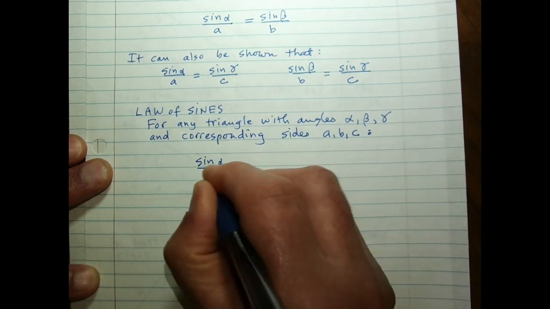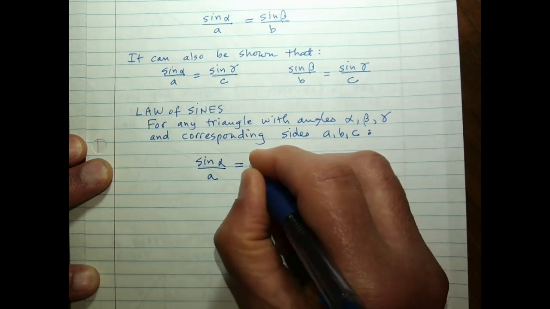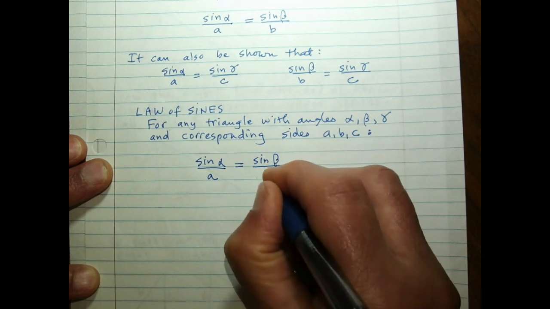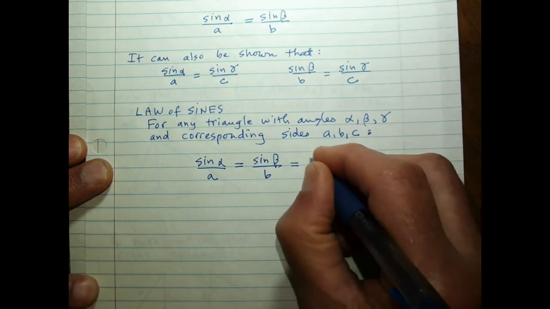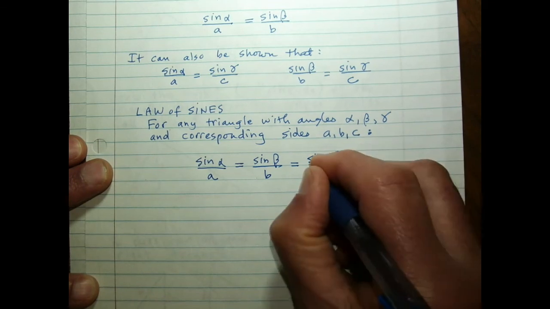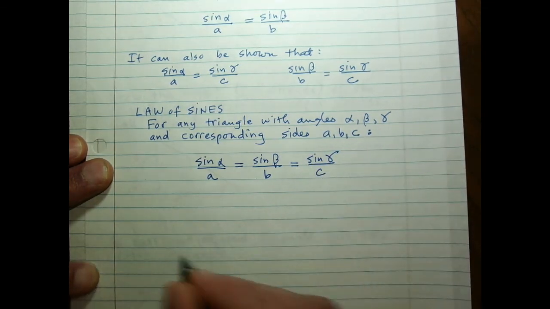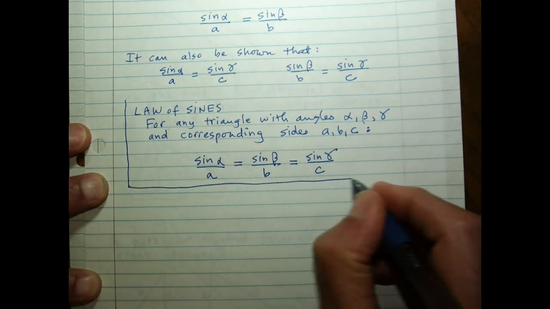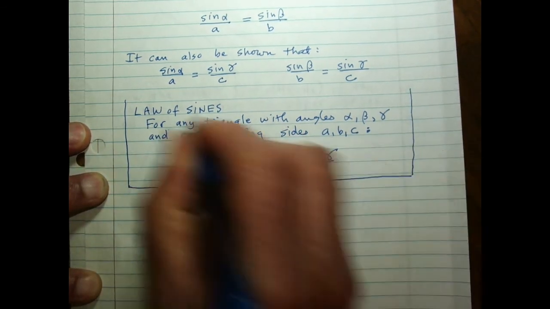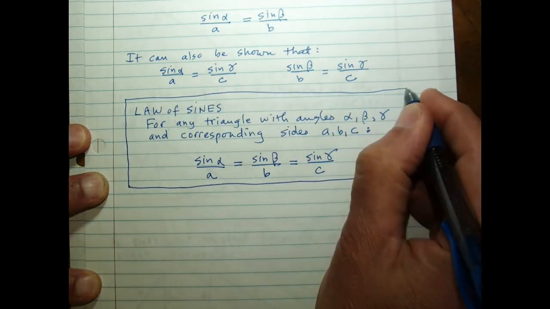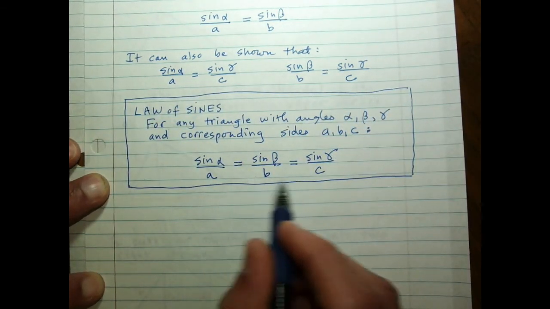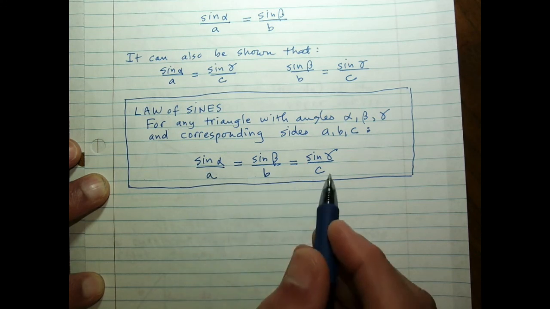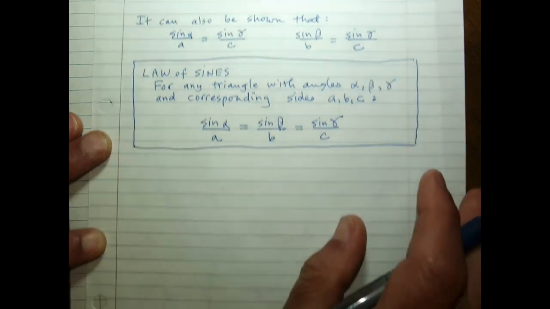Sine of alpha over side a is always going to be equal to sine of beta divided by side b, which is always going to be equal to sine of gamma over side c. This is the law of sines. It's actually a fairly simple relationship. This triple equation really is a way of saying that you can take any one of these fractions equal to any other.